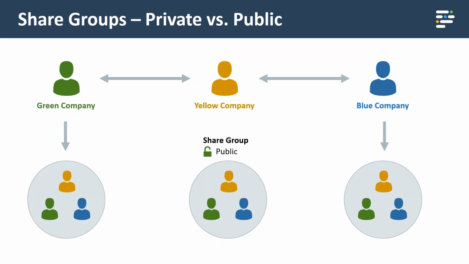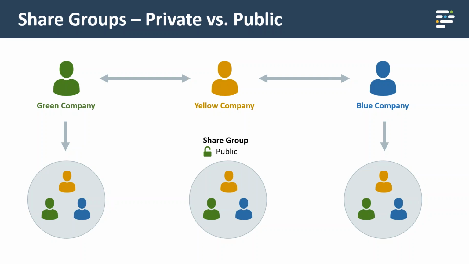Really, it's based on connections. So if there was, for example, a red company also in this graphic, because the yellow company does not have a connection with the red company, it would not be able to use it. But because the yellow company has a connection on the project with the green company and the blue company, now all 3 companies can use the share group because they're both connected to the company that created it.